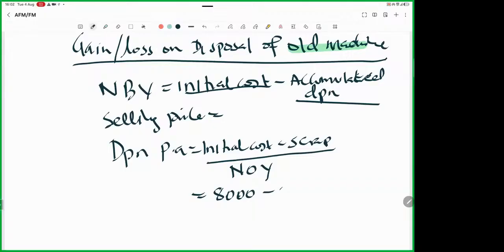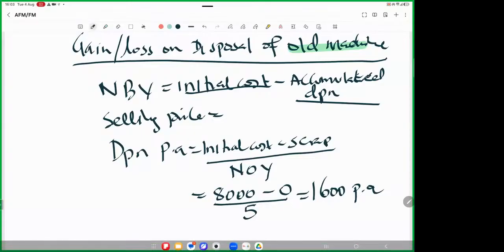We subtract the scrap, which is 0. We divide by the number of years, which you have seen there were 5 years. We divide by 5. Thank you so much. So then this one is giving me 1,600 per annum.